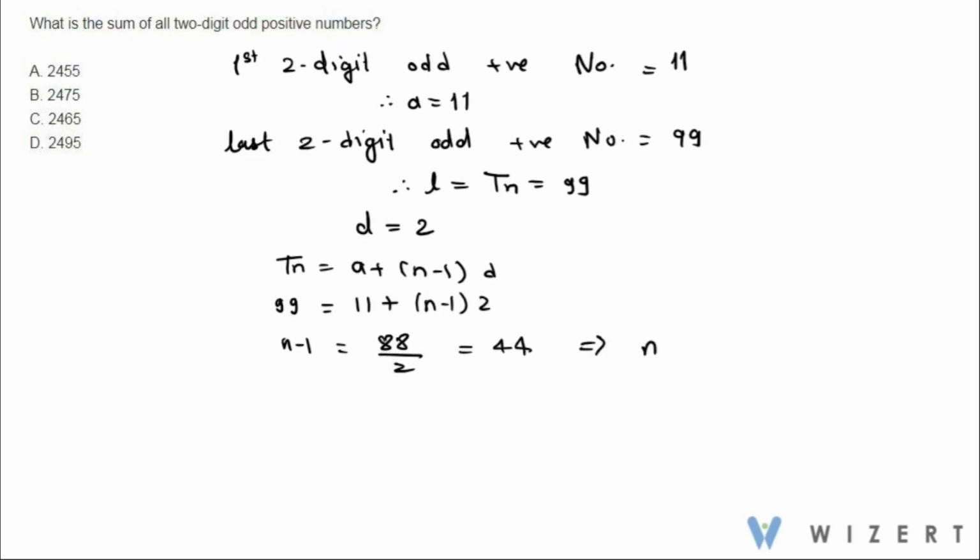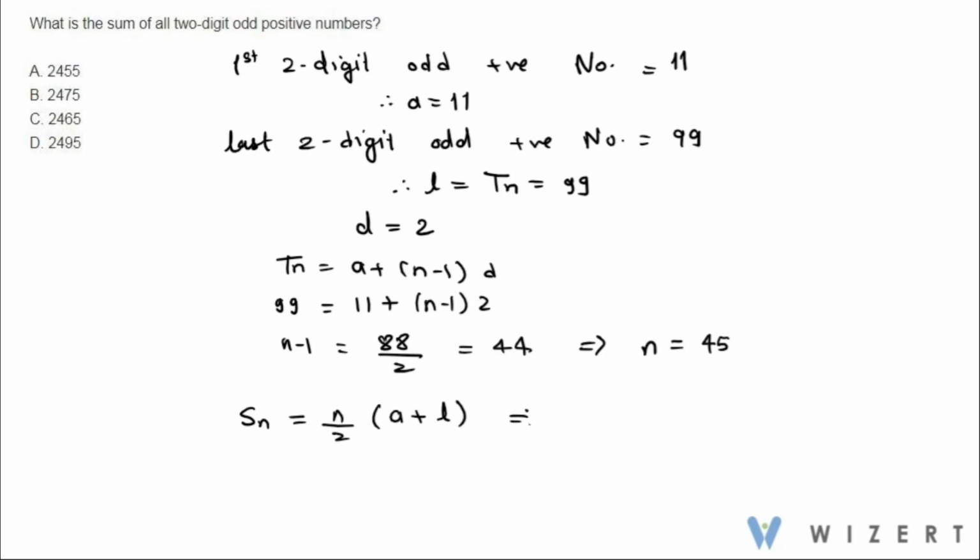That gives us n is equal to 45. Now we can easily find the sum of these numbers. Sn equal to n by 2 into A plus L, that is first term plus last term.